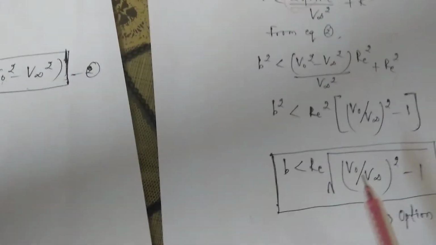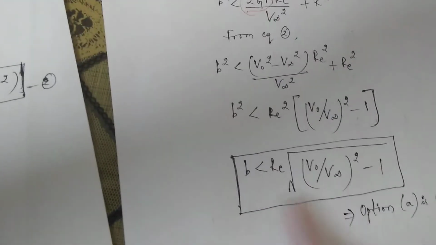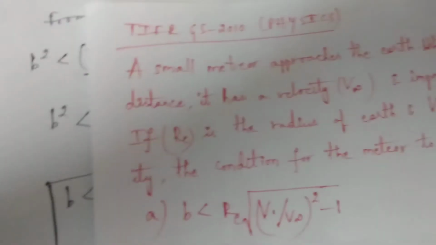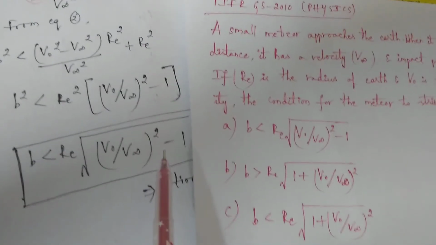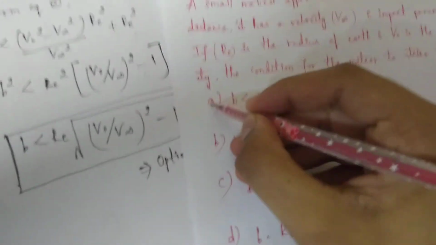We'll take the root on both sides and end up with this, which is option number 1. See the same option, b less than re into square root of (v naught by v infinity) square minus 1. So the answer is option A.